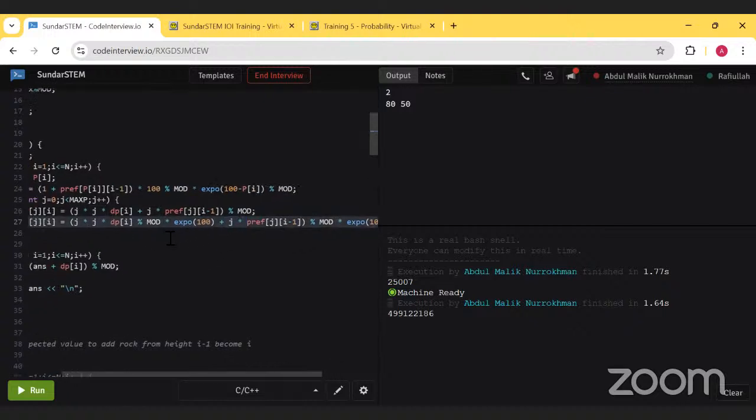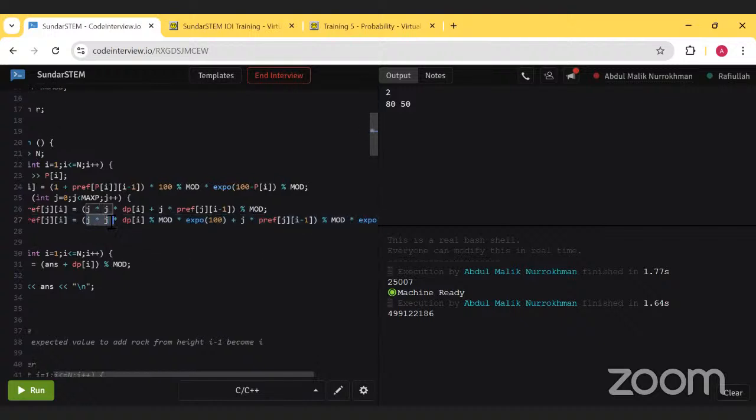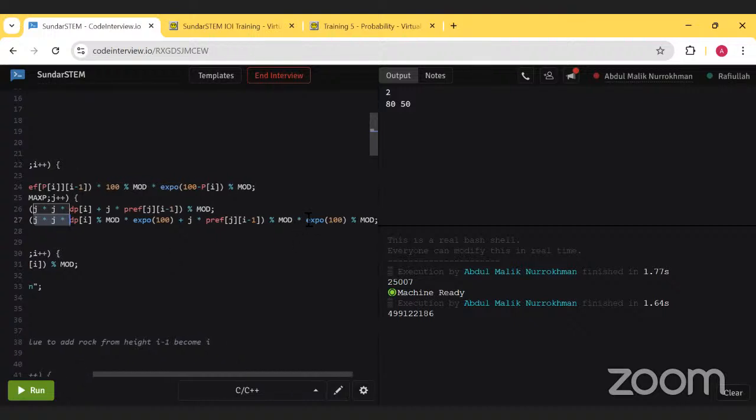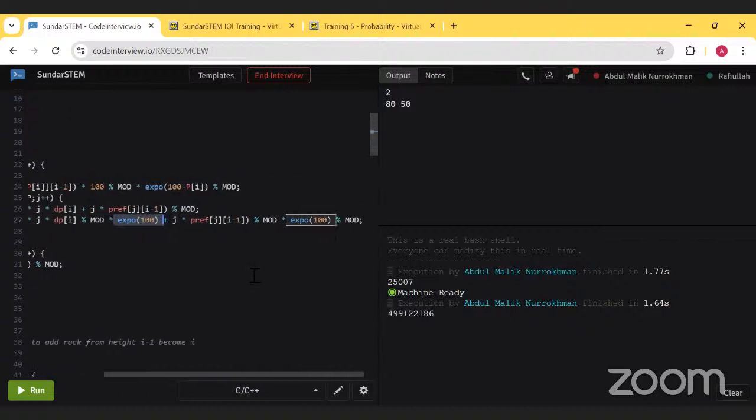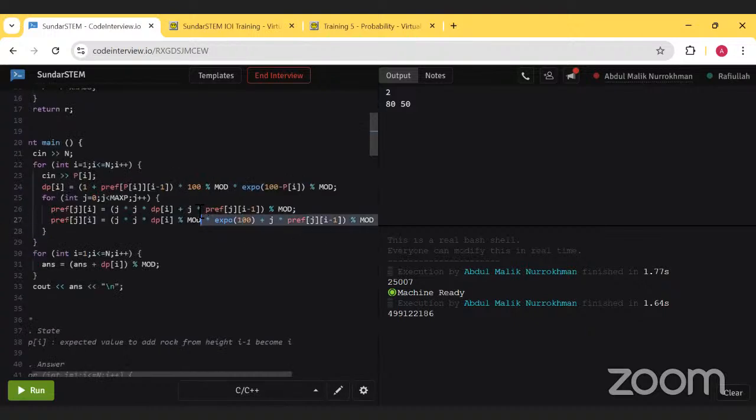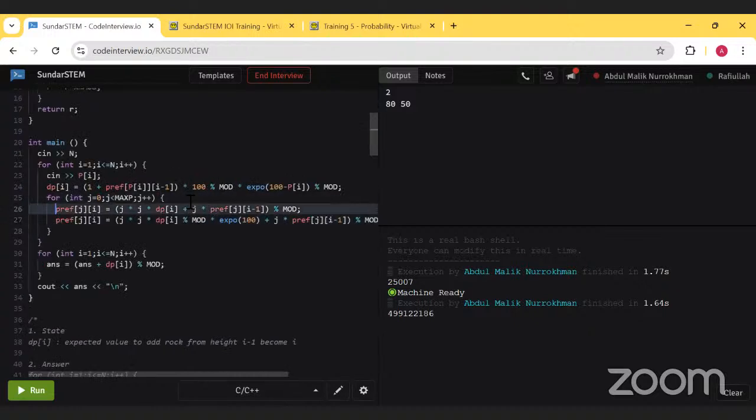And because here we have j squared and divide by 100, we have to divide by another 100 here. Okay, so the formula becomes like this, and I have just input the sample and the output becomes correct.